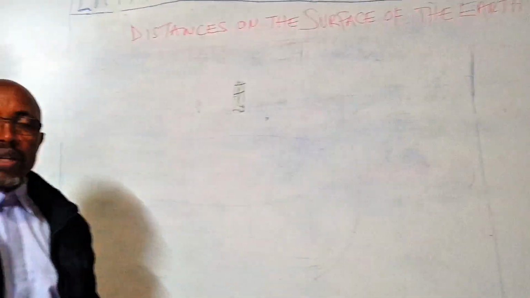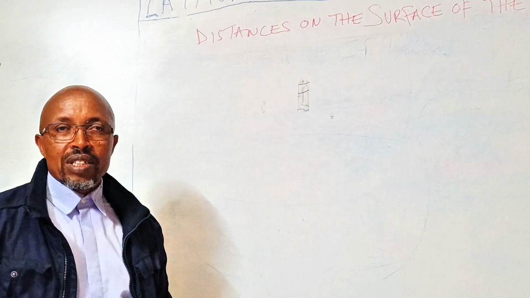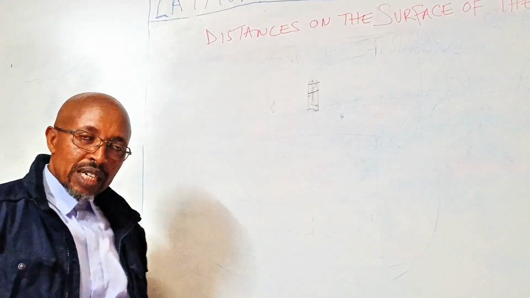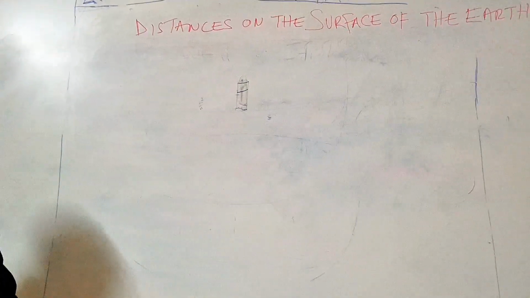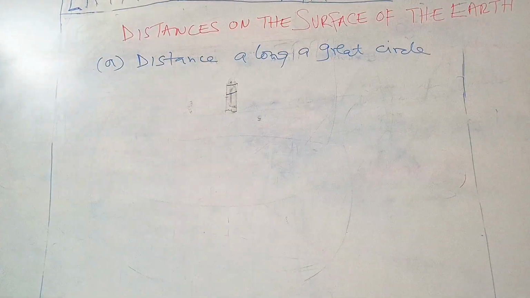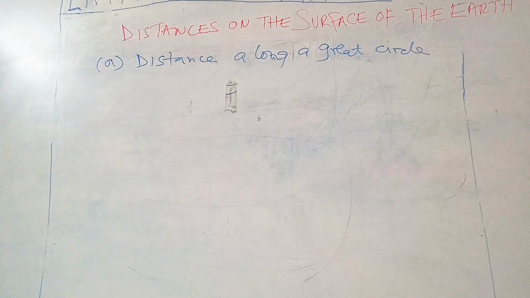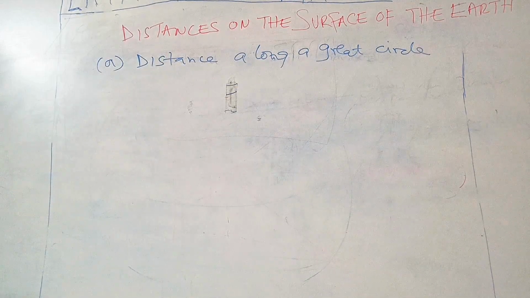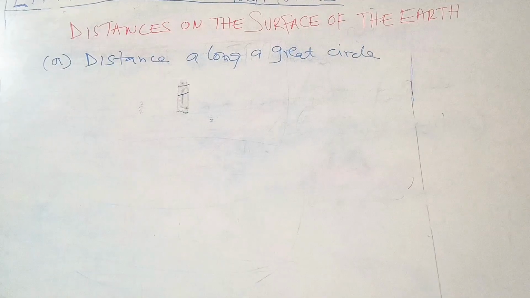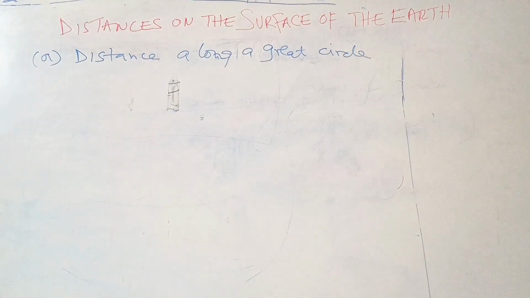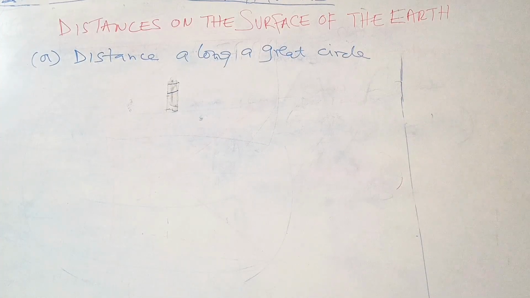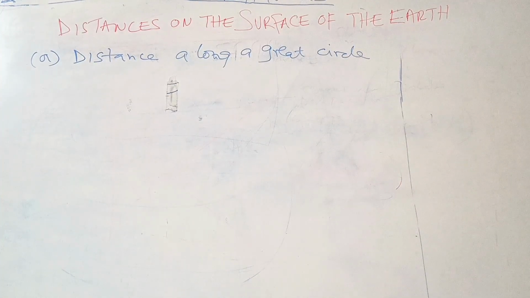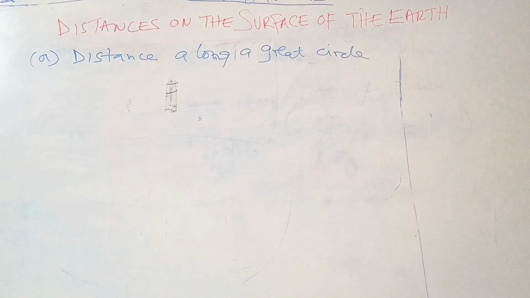Now we move on to calculation of the distance on the surface of the Earth in kilometers and in nautical miles. We'll start with the distance along a great circle. To find the distance between 2 points on the same great circle, we find the angle separating the 2 points at the center of the Earth, then apply the formula for finding the arc length between the 2 points in kilometers and in nautical miles.